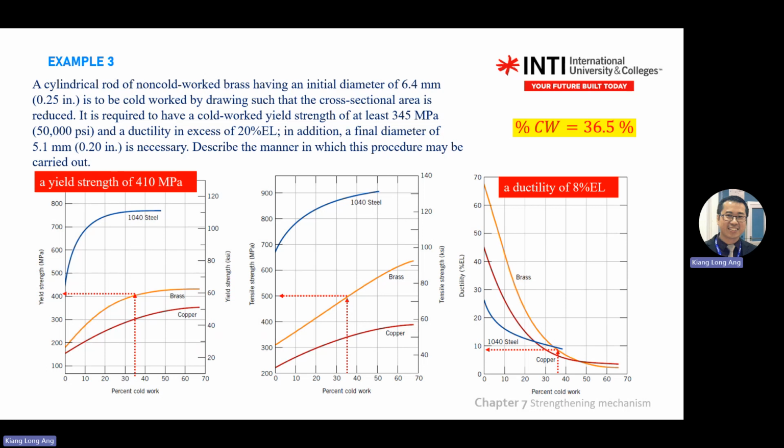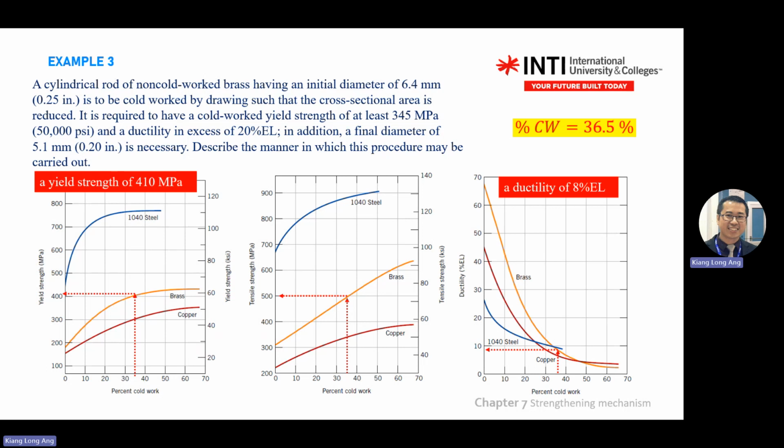This one, ductility, if you do 36.5%, you extend to the left, it's less than 10%, which is not what the customer wants. You need 20%. The customer wants you to give a product that is able to give ductility of more than 20%.